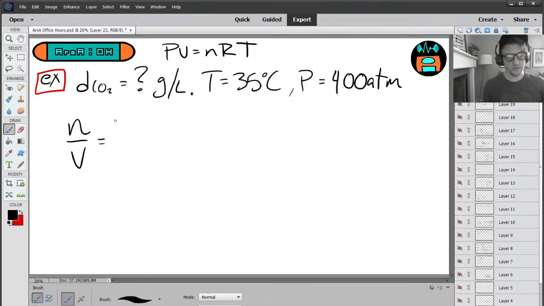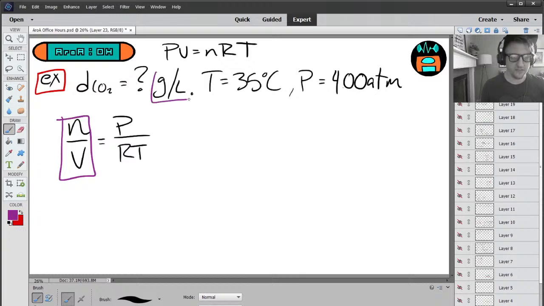We know moles to volume is equal to pressure over R times temperature, right? And we know that this moles per liter is very closely related to grams per liter, right? We just have to use the molecular weight of our gas, and since we know CO2, we can get there fairly quickly.